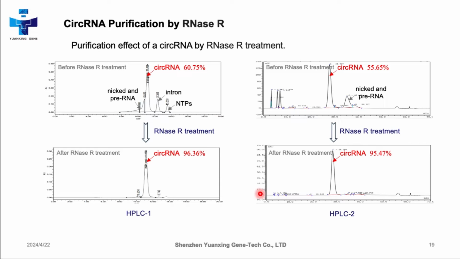And both methods show that after the RNase R treatment, the circRNA purity increased from about 60% to over 90%, and the impurity peaks including the nicked RNA, introns, and the NTP almost disappear, indicating that the RNase R plays an excellent role in circRNA purification.